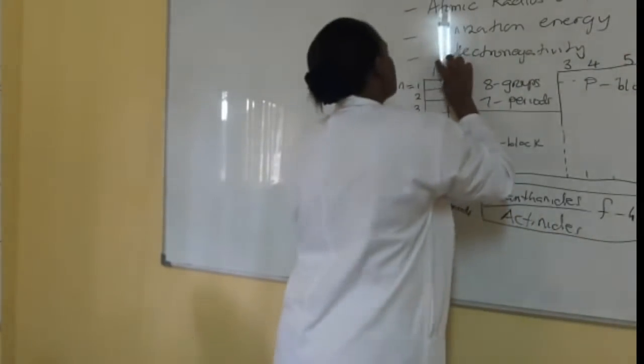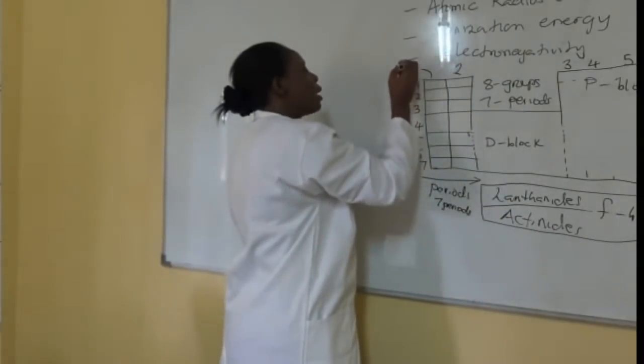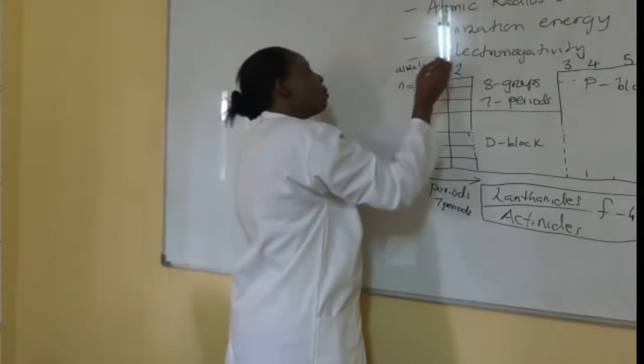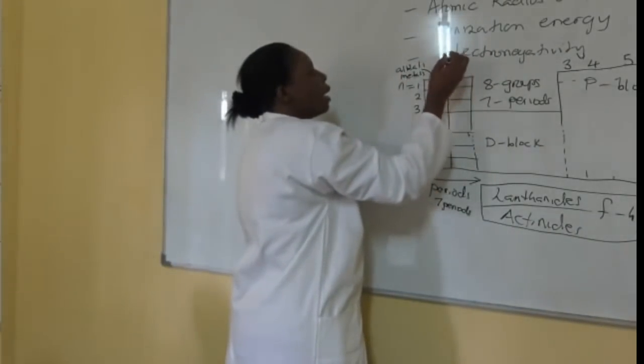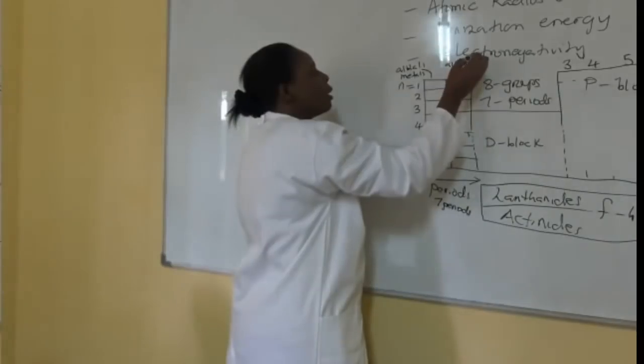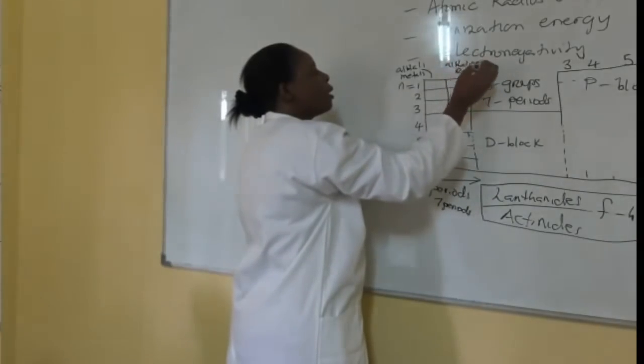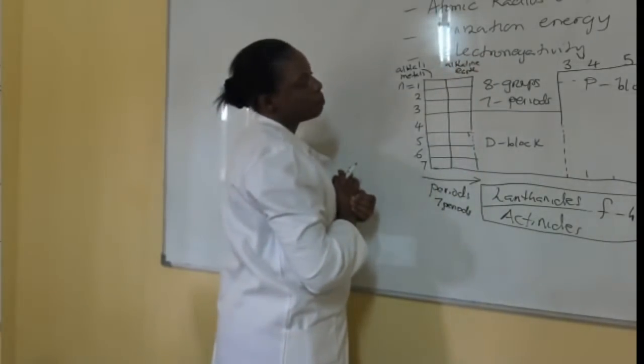So these are your alkali metals, these are your alkaline earth metals.